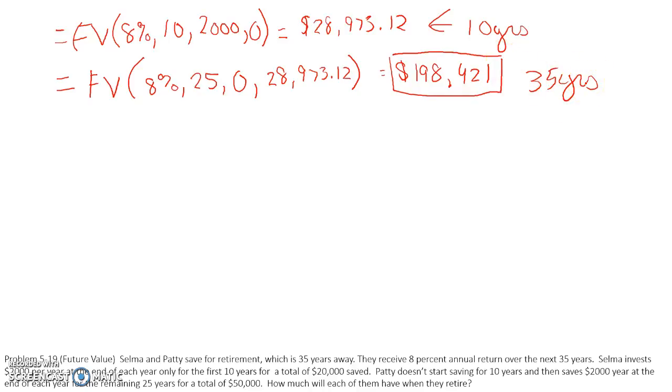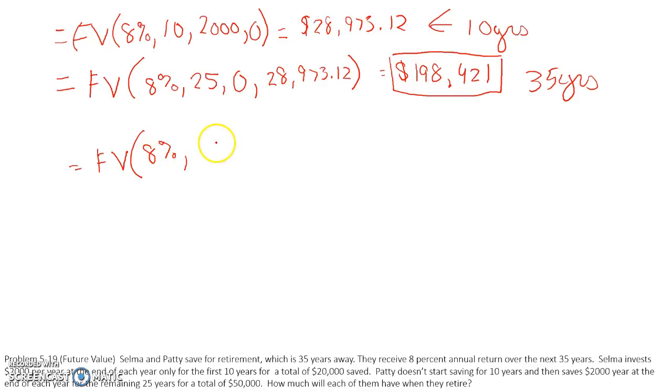Okay, so the next problem is Patty. How much does Patty have at the end of 35 years? She doesn't start saving until 10 years from now, but when she does, she puts in $2,000. So we know that her interest rate will be 8%. Don't forget the percentage sign.